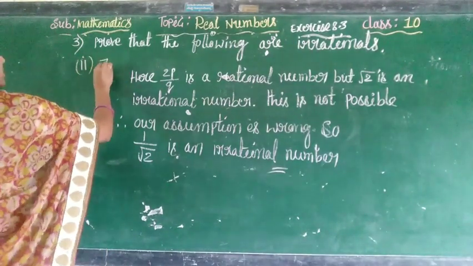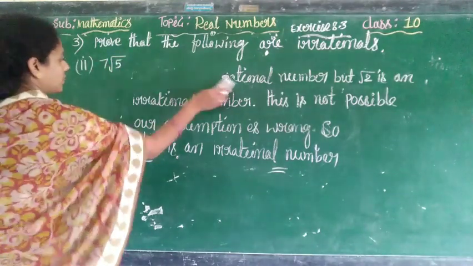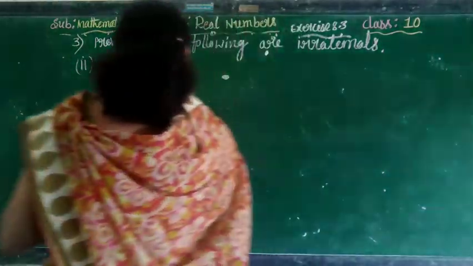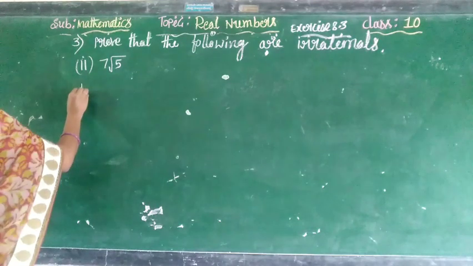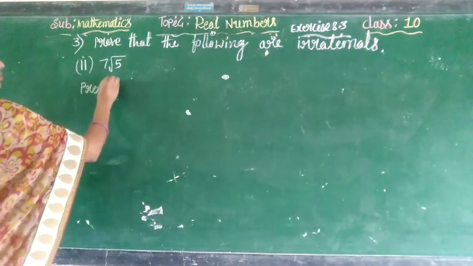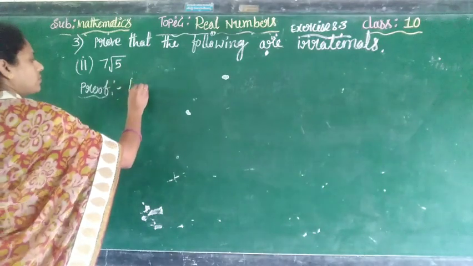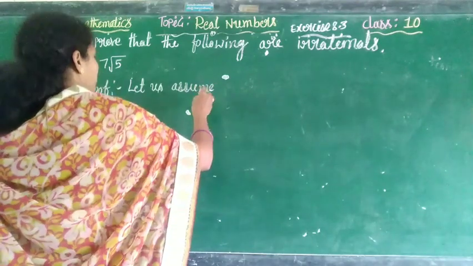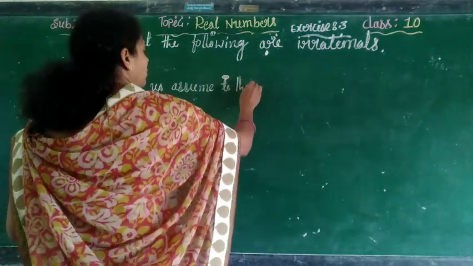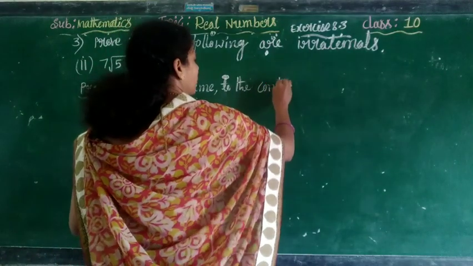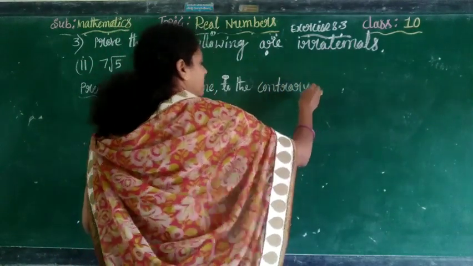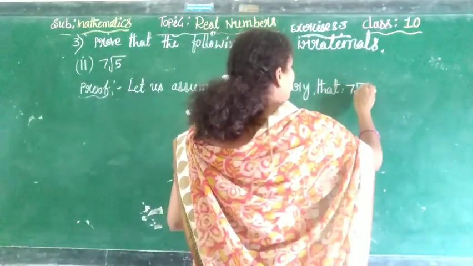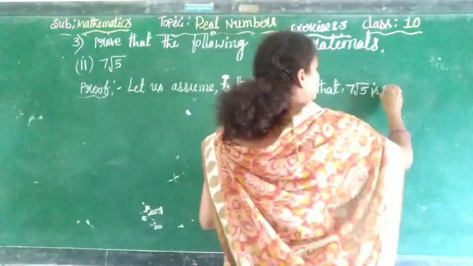Second problem, 7 by root 5. Prove that it is irrational. Let us assume to the contrary that 7 by root 5 is rational.